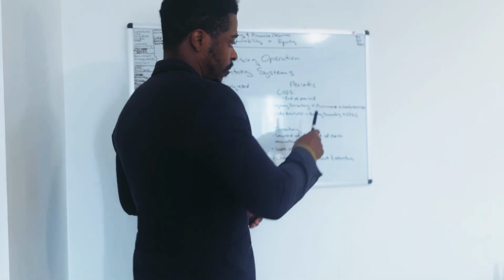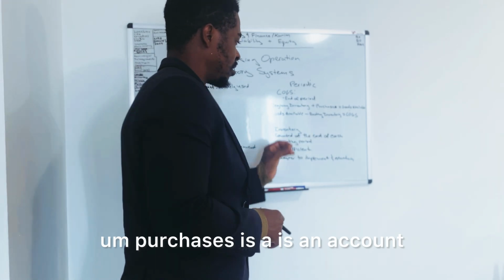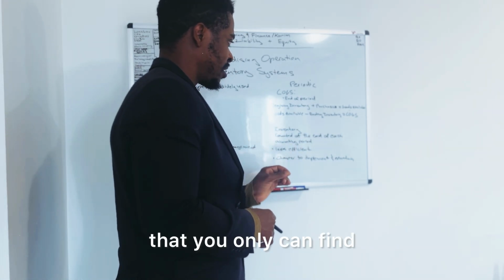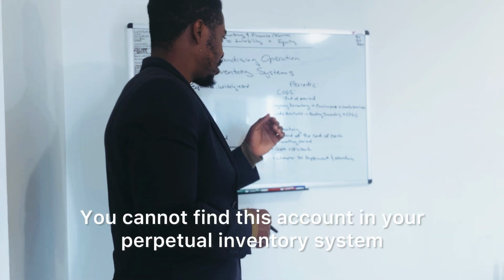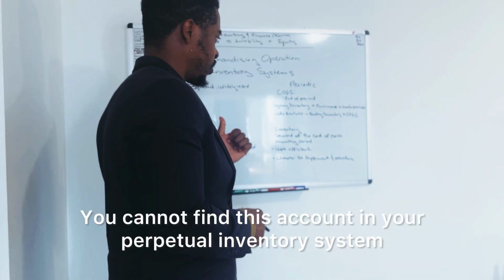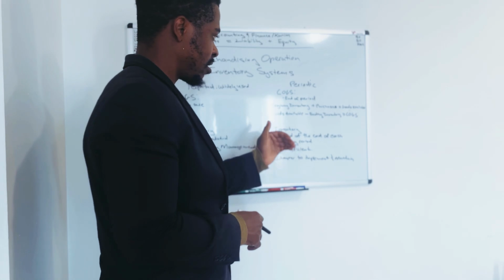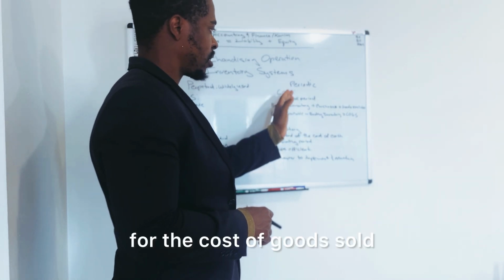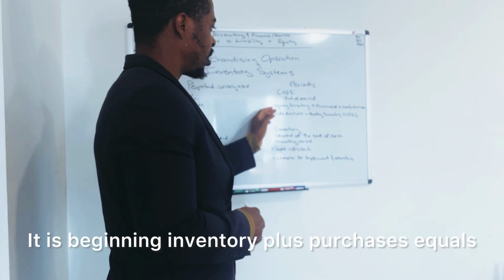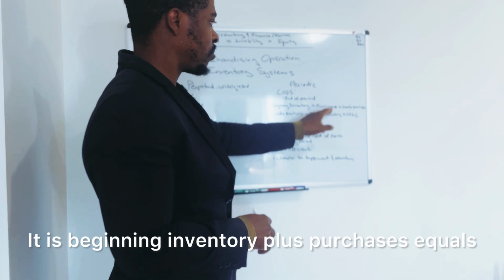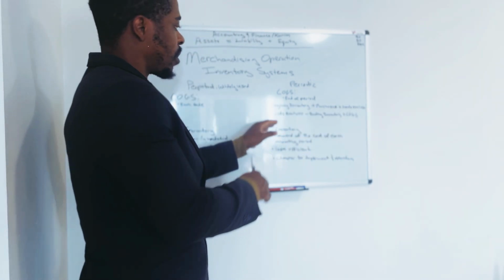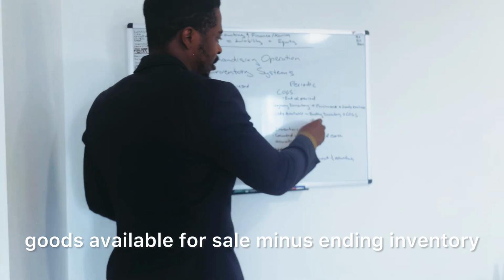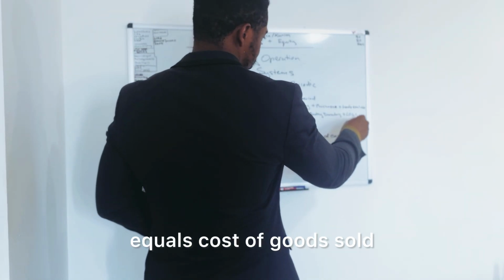Purchases is an account that you can only find in the periodic inventory system. You cannot find this account in your perpetual inventory system. We have a formula for the cost of goods sold. It is beginning inventory plus purchases equals goods available for sale. Goods available for sale minus ending inventory equals cost of goods sold.